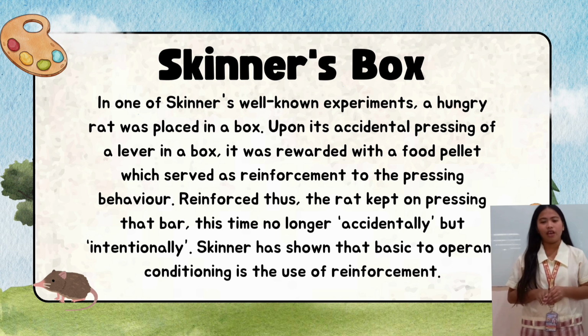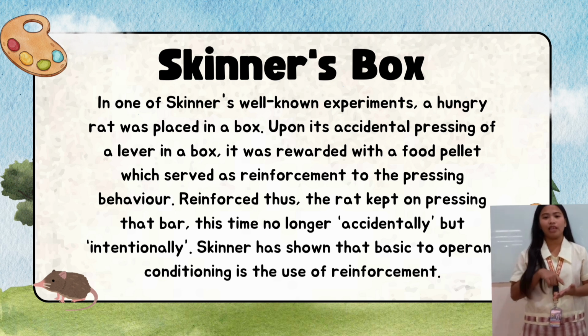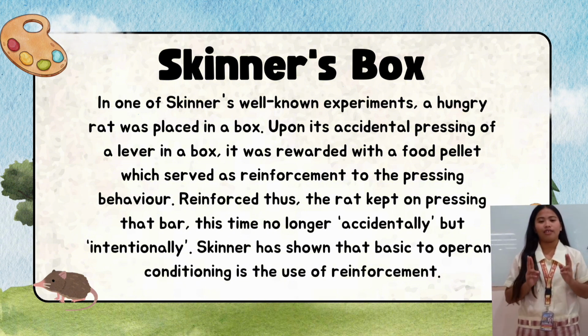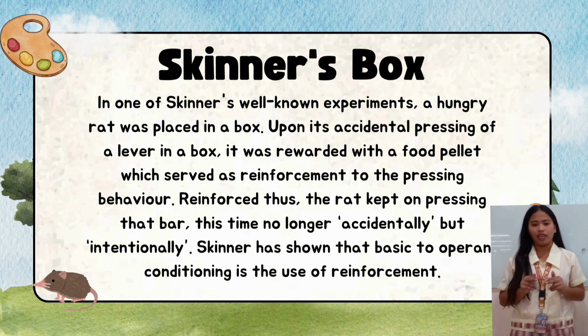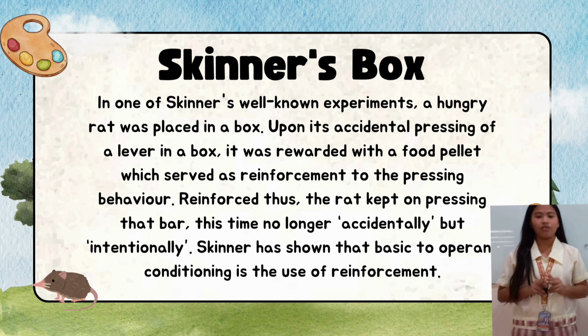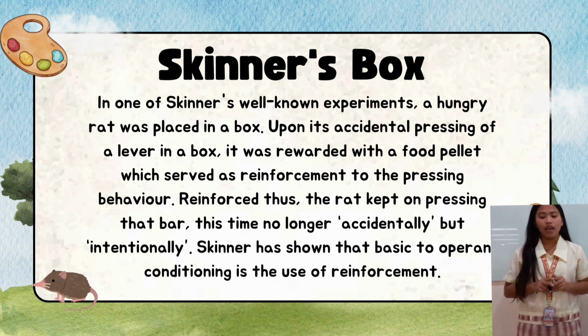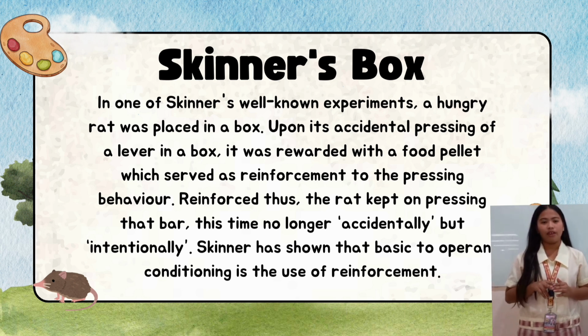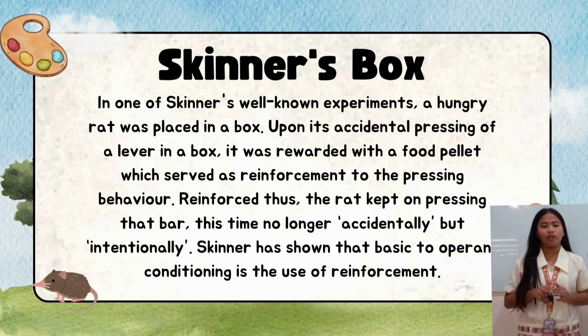Reinforced, the rat kept on pressing the bar, this time no longer accidentally but intentionally. Why intentionally? Because the rat has learned that its behavior would reward it with a food pellet.